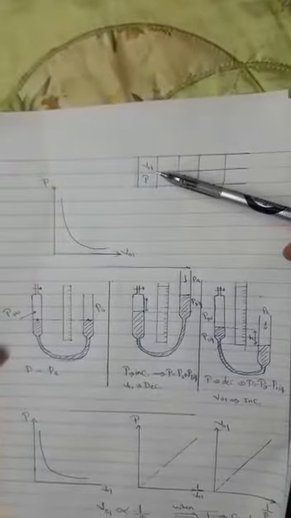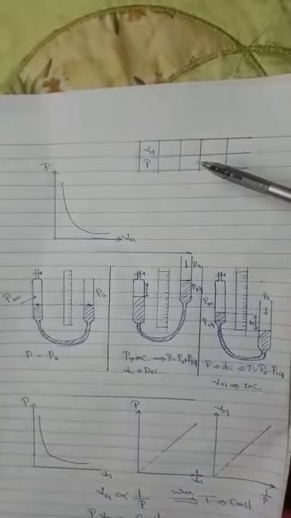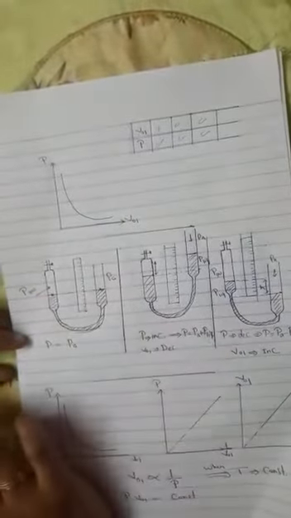We have a relation between volume and pressure from this experiment. We have readings for volume and for pressure. The relation between pressure and volume is an inverse relation.